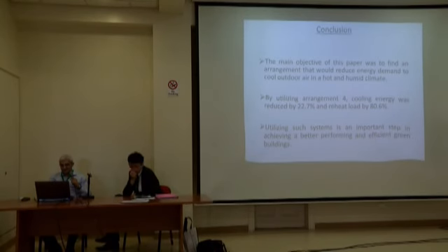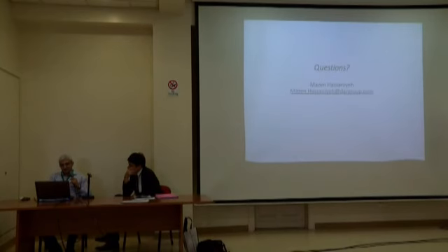Also, the reheat coil saving of 80.6% is a very big saving. So the main objective of the paper was to find the best system among these, and the fourth one proves to be the most efficient. Thank you. Questions?